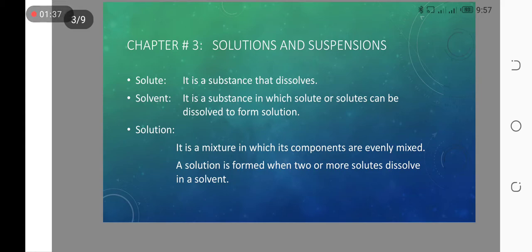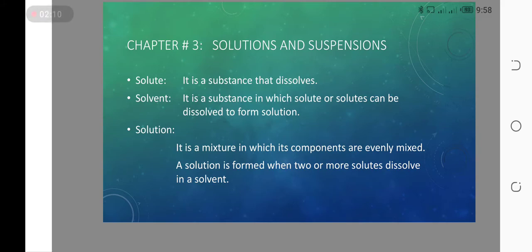Now we will move towards the introduction of the chapter, solutions and suspensions. First of all, I would like to tell you what solutions and suspensions are, and what the difference between them is. Basically, a solution is a mixture in which a solute is mixed in a solvent and is completely dissolved into the solvent, so a solution is formed.